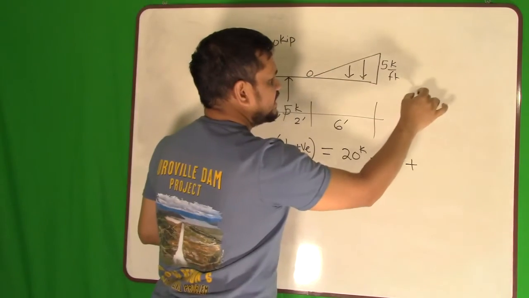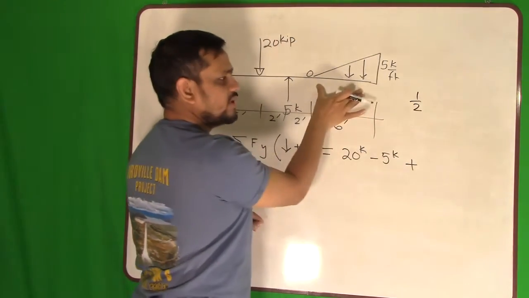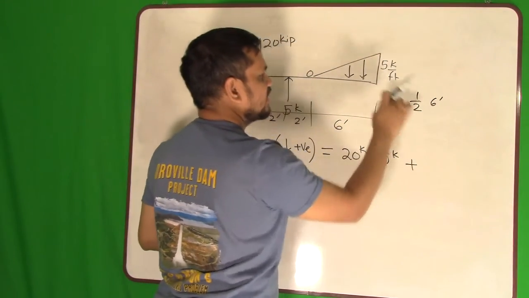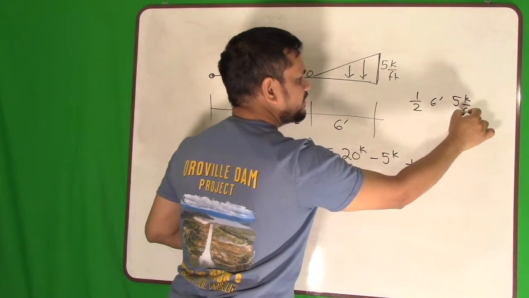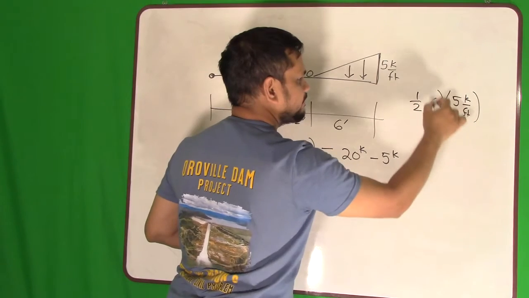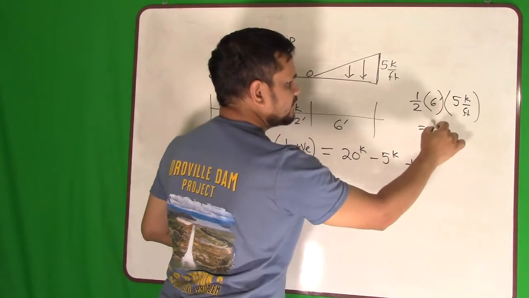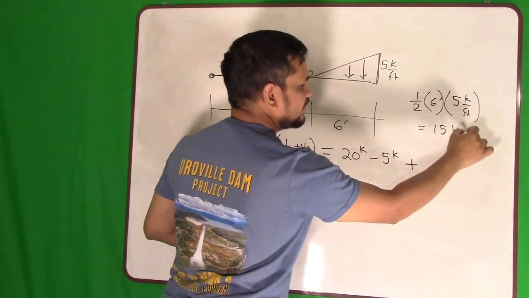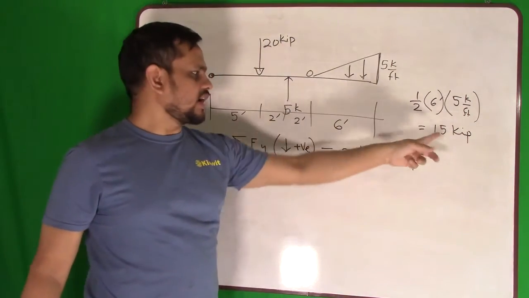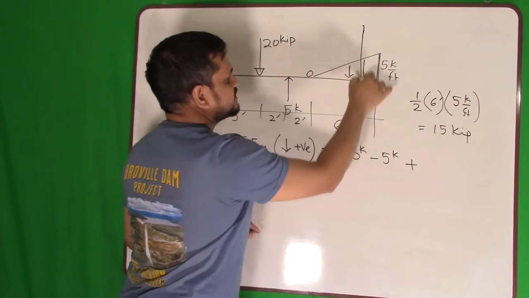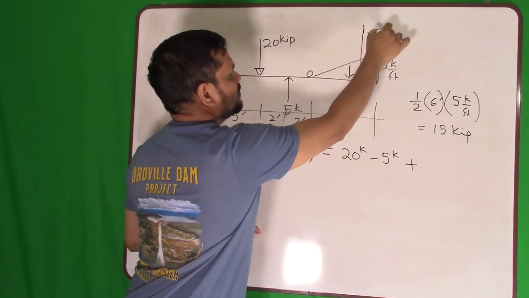So what is the area? Half base is 6 feet, height is 5 feet, 5 kip per feet. That means 15 kip. Feet cancel, I have kip. So I can assume that force is acting here, 15 kip.